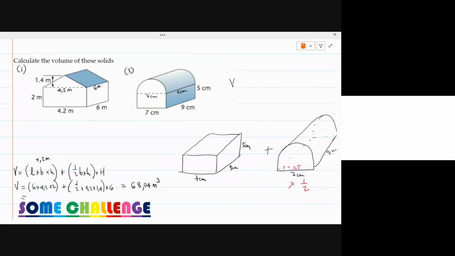Okay, so the volume over here is going to be length times breadth times height for our rectangular prism, as always, plus we're going to take half of the area of my base, which is my circle, half of the circle times the perpendicular height. So that's going to be 9 times 7 times 5 plus half of pi times 3,5 squared multiplied by 9.